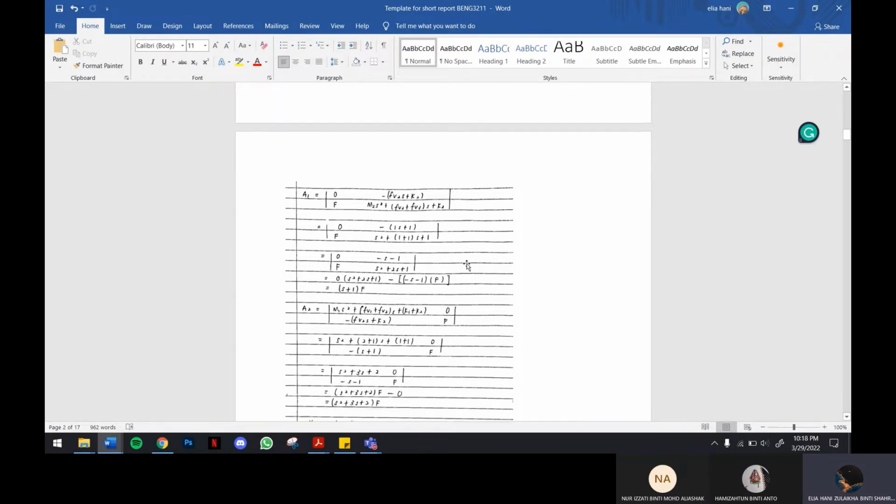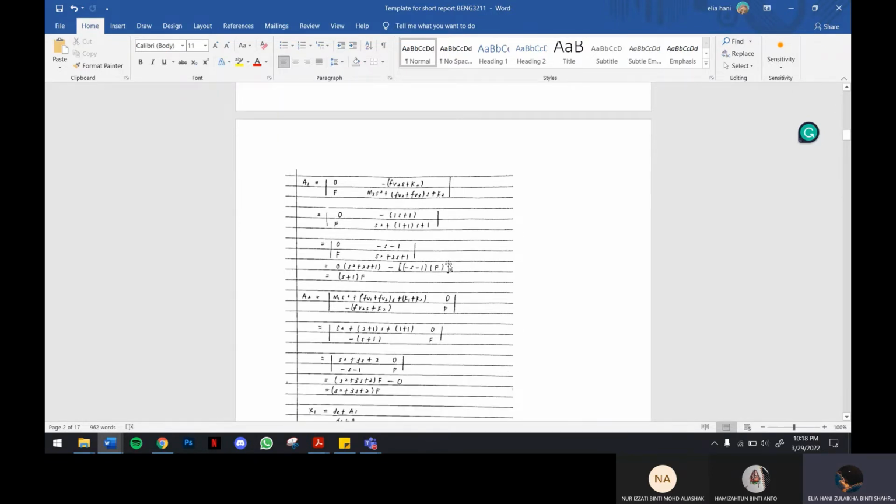The value of the determinant that we get for A1 was calculated by using AD minus BC. This is the determinant value that we get for A1. As for A2, we replace the second column with 0 and F, and this is the value that we get for A2.